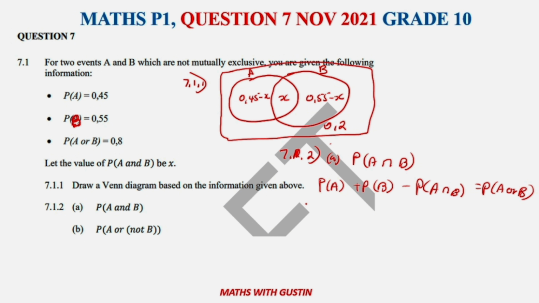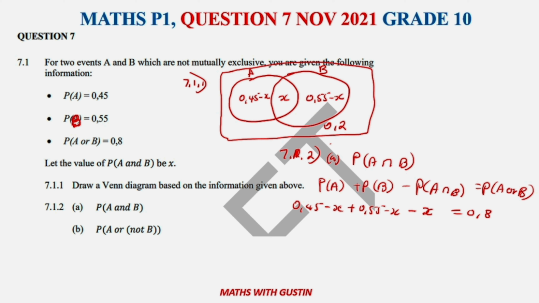So probability of A is given by 0.45 minus X plus probability of B given by 0.55 minus X, and therefore minus probability of A and B, which is X, is equal to 0.8. Great stuff. So we need to simplify this.